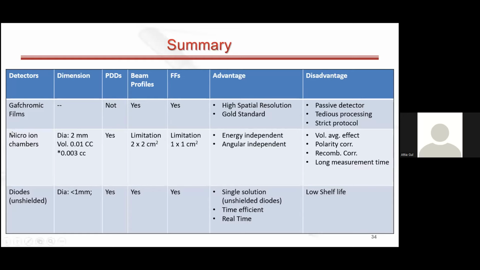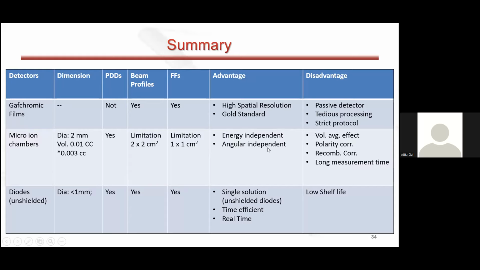Then micro ion chambers: their limitation is their field size. We cannot usually use them for fields smaller than 2 by 2 centimeters square, with the exception of this razor nano chamber, which we can use for even smaller fields. These are energy independent and also angular independent.